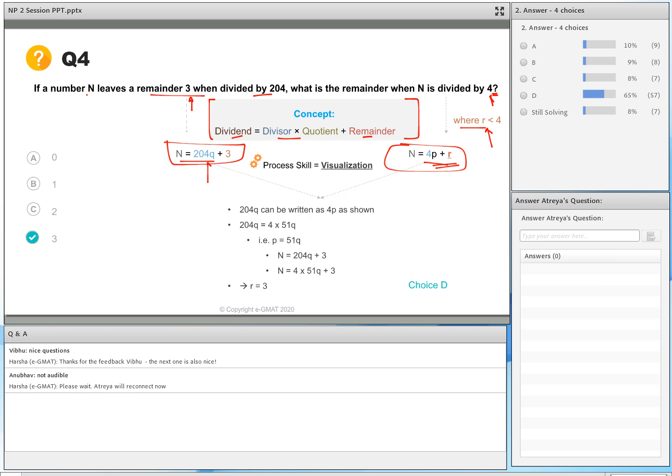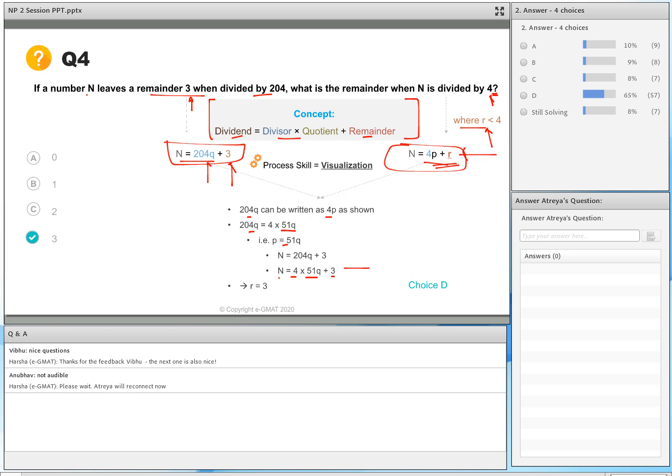And when I see 204q, I see that 204q can be written as 4p if I say that the value of p is equal to 51q, because 204q is 4 times 51q. Now if p is equal to 51q, n can be written as 4 times p plus r, which is what I'm trying to write here.